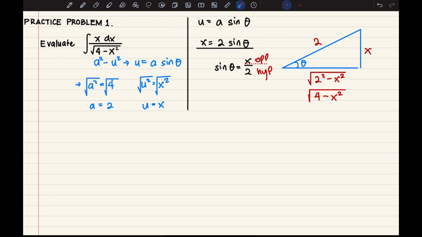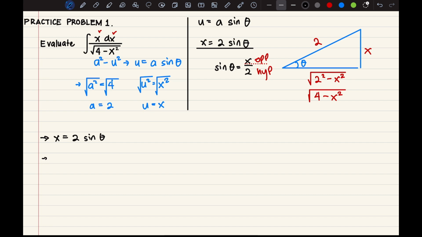in terms of theta. So going back to our substitution, we have x equals 2 sine theta. So this will now be our substitution for the x variable right here. We need a substitution value for the dx now in terms of theta. So in order to get dx, we will get the differential of x.